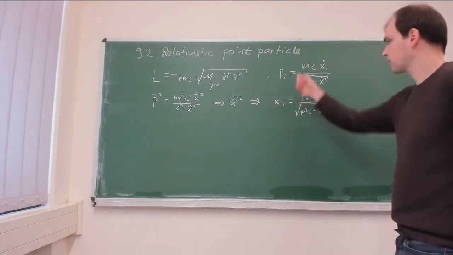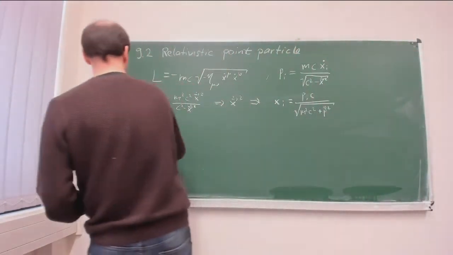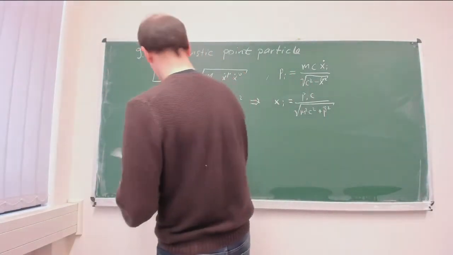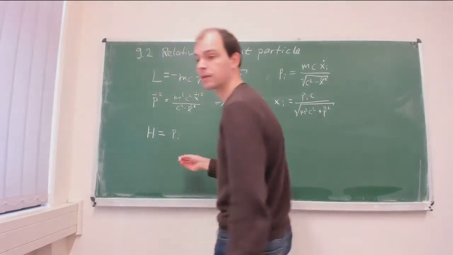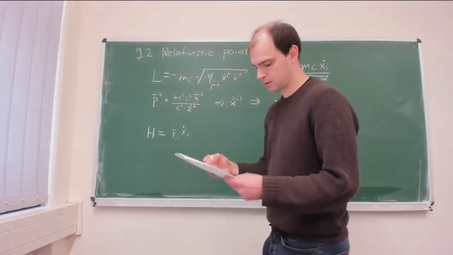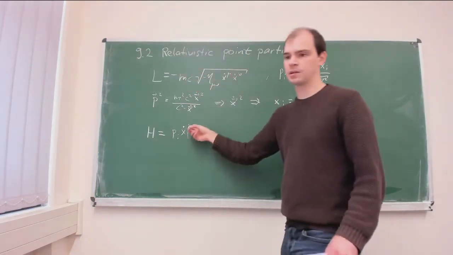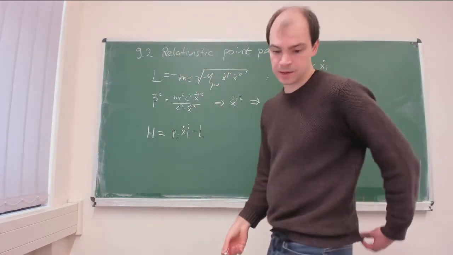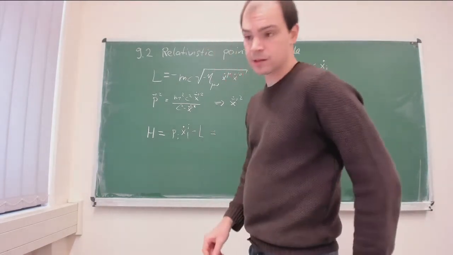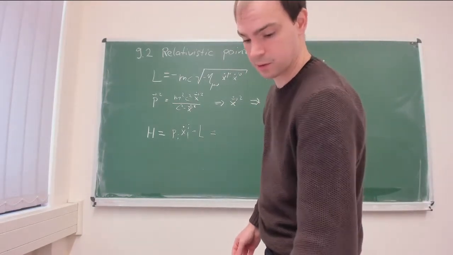Okay. So now we have the position-momentum relation, and again we can now get the Hamiltonian, the same way as before. So the sum over i from 1 to 3 of p_i x_i dot minus L. If we calculate that, you find some more in-between steps in the lecture notes. I just give you the result.